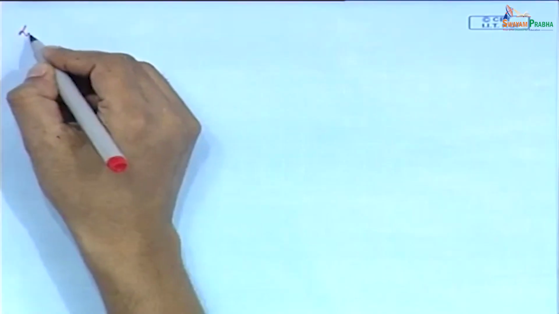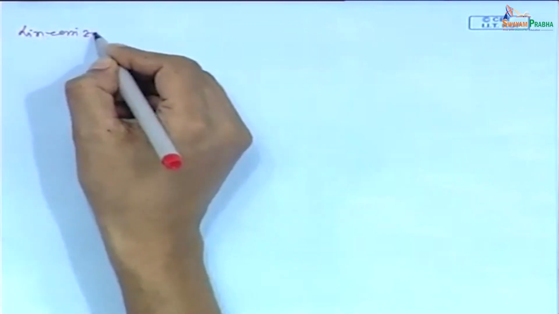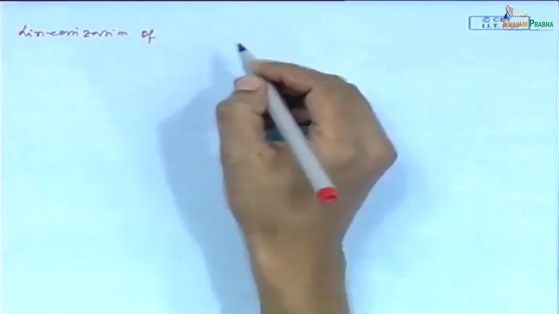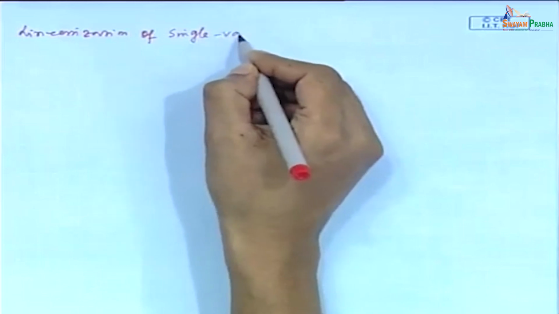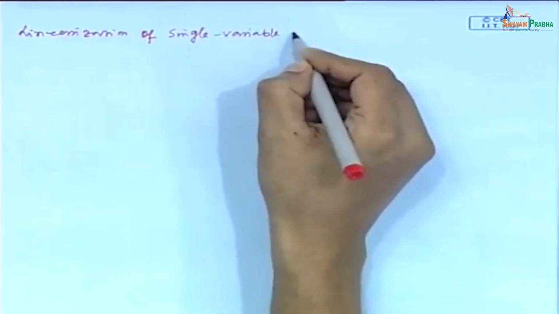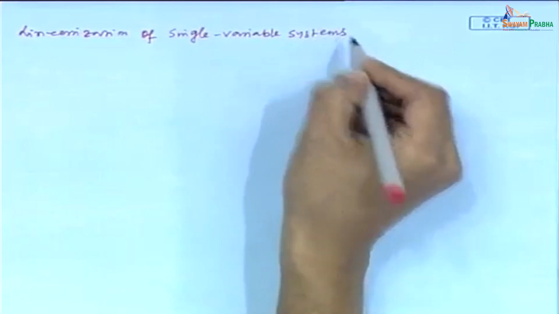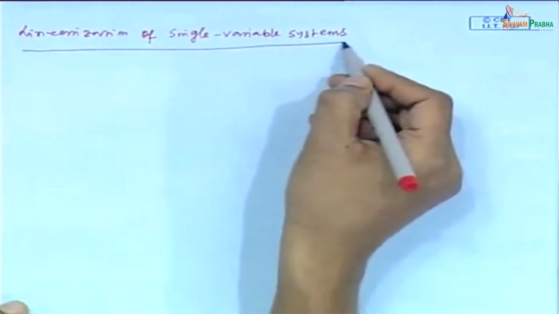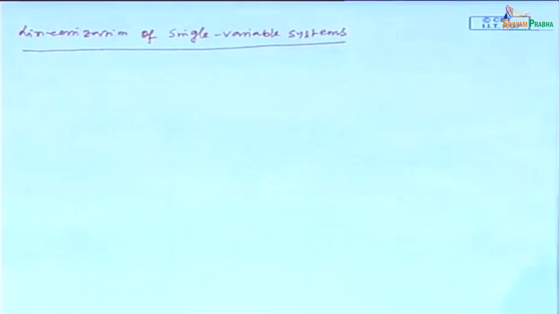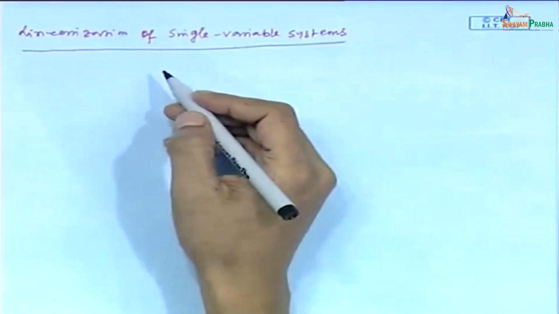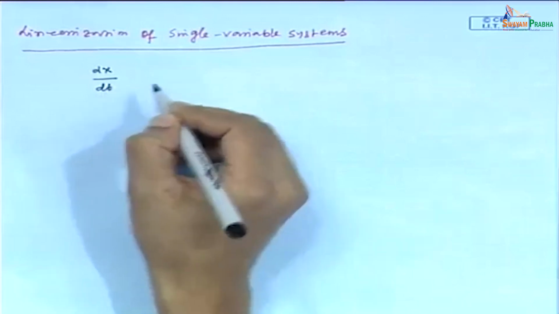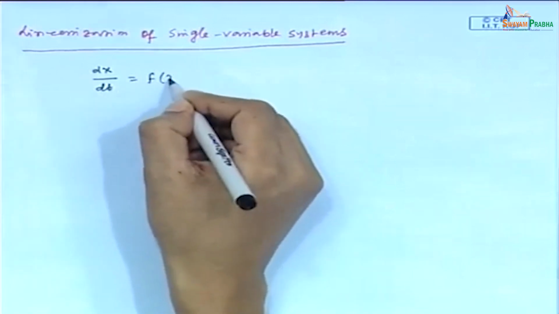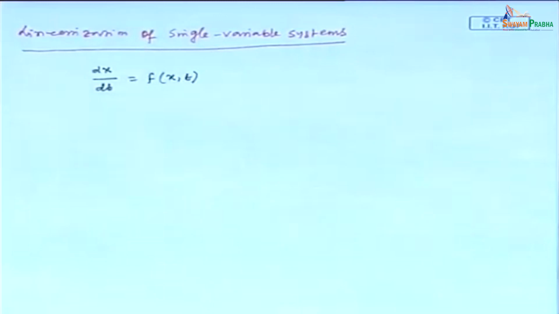So, first we will start with the linearization of a single variable system. We will consider a simple ordinary differential equation represented by dx dt equal to a function of x and t.